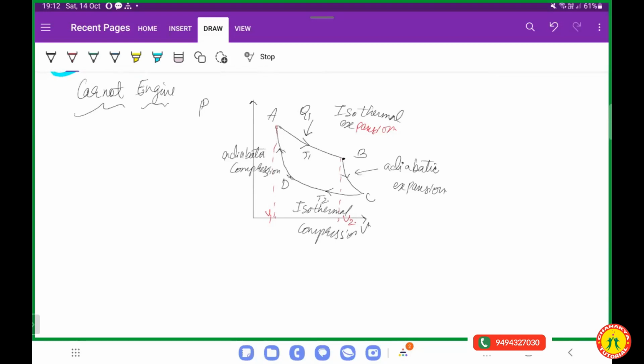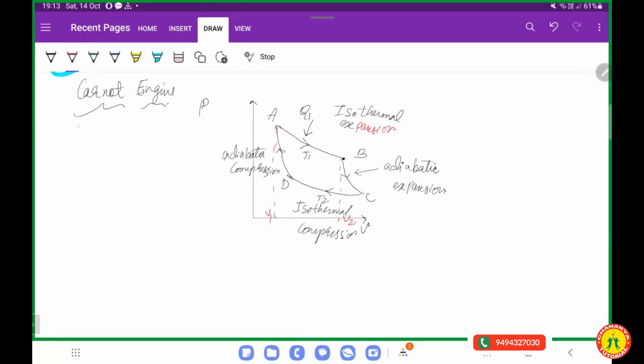So here we saw four operations. One is isothermal expansion, adiabatic expansion, then isothermal compression and adiabatic compression. These four things only we need to remember. So I'm repeating again and again so that you will remember that. Keep that in mind. So four operations of this cycle, we can say.